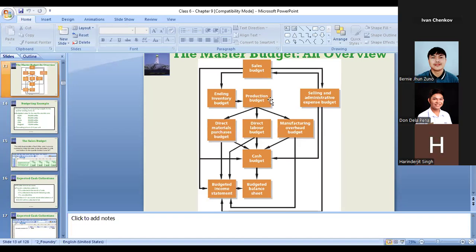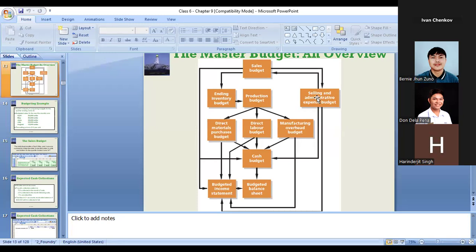Now, on the product side, we have three costs: direct material, direct labor, and manufacturing overhead. That means we have to prepare three separate budgets. One budget for the direct material, the next budget for the direct labor, and the third budget for the manufacturing overhead. Once we have those, those will be the product budgets.